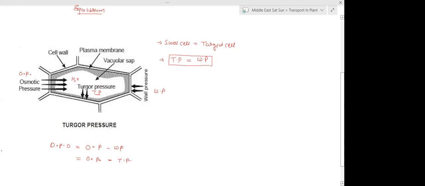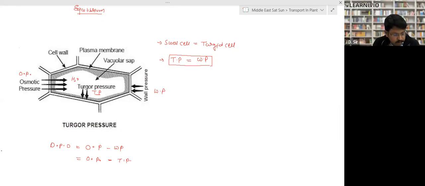Please note it down and take the screenshot. This is very important. Note it down and let me know.